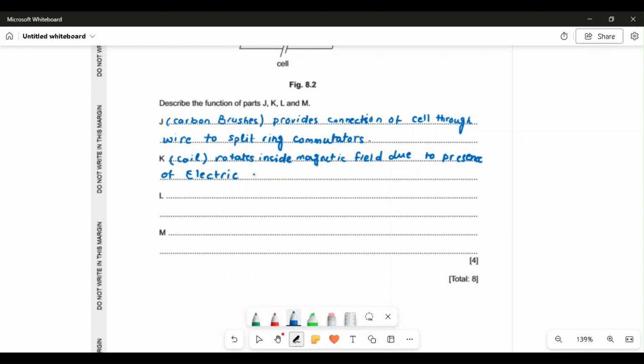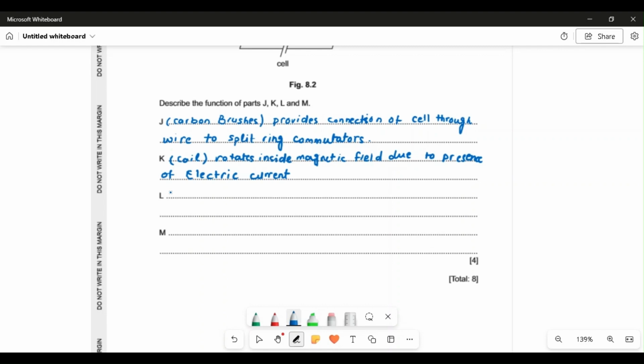So the electric current inside the rectangular coil and the external magnetic field interact, and the coil rotates.